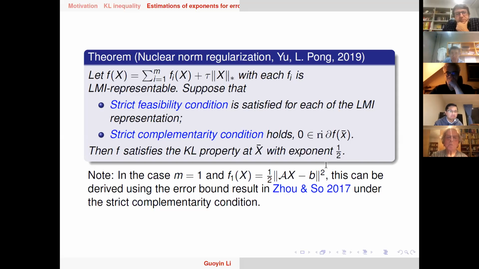I'm not sure if this could also be helpful, perhaps. That would be interesting. I haven't looked at the facial structure yet, and I know that facial reduction is a great trick in handling semi-definite programming problems. So it's good to explore that. Thanks for the suggestion. No, thank you very much.